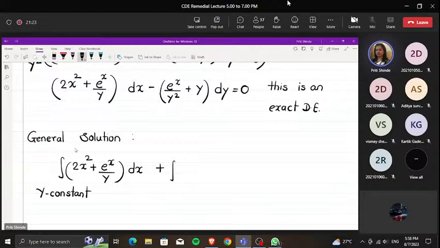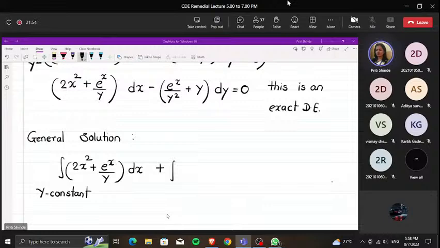Can you tell me the corresponding terms? Anyone? 1 by y square plus y. Okay, anyone? So 1 by y square plus y is the correct answer. Remaining students.